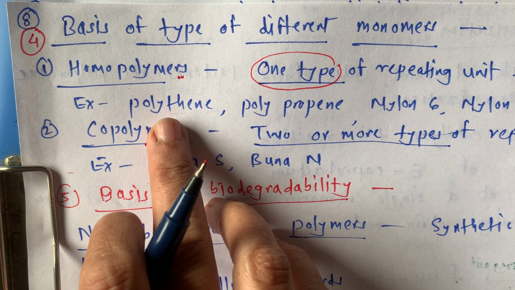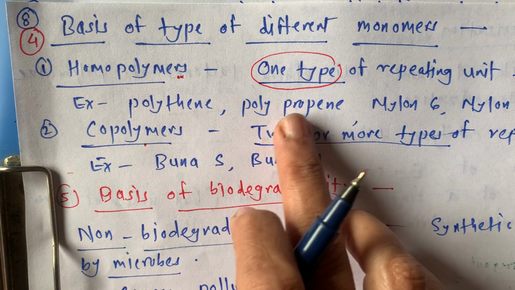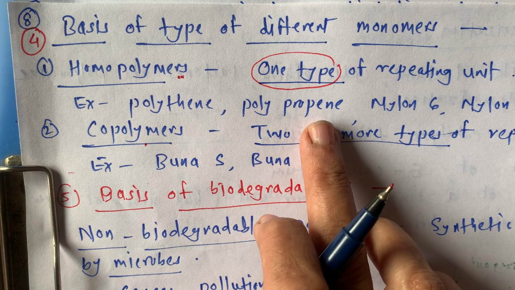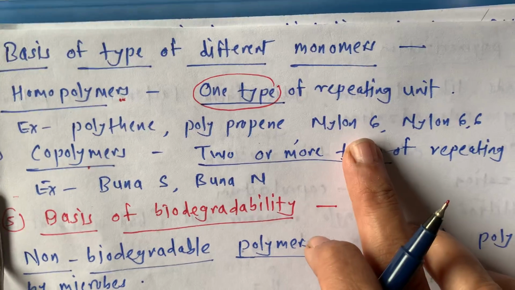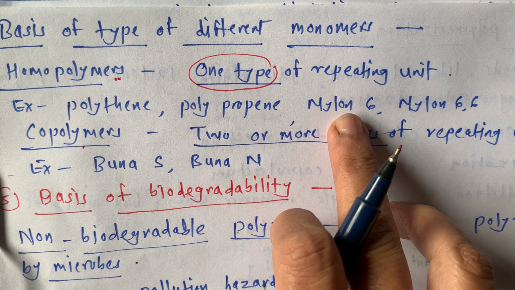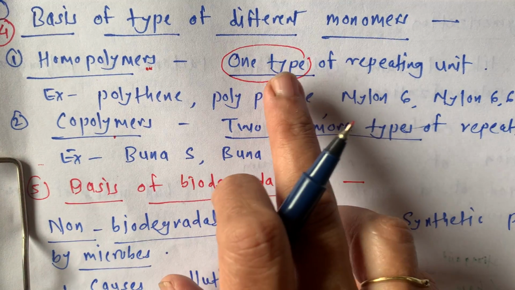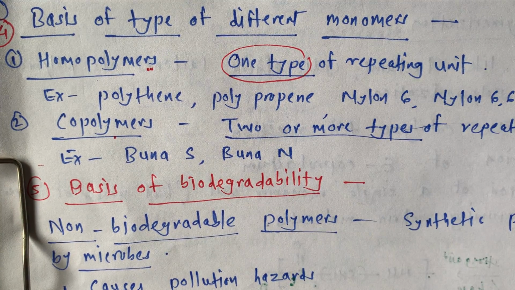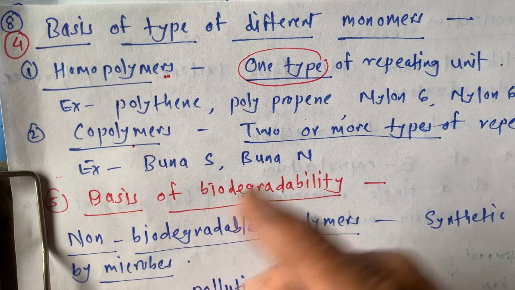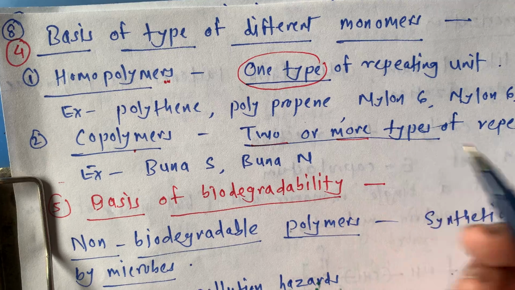What is the repeating monomer here? That is ethene. If it is polypropene, then the repeating monomer is propene. In nylon 6, the repeating monomer is epsilon caprolactam. Are you getting this point? So this is homo, only one type of repeating unit. While in copolymer, more than one means two or more.